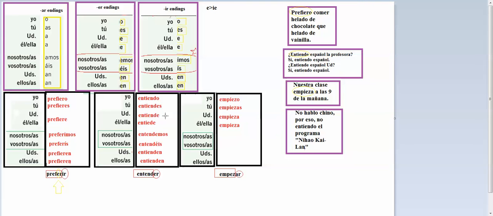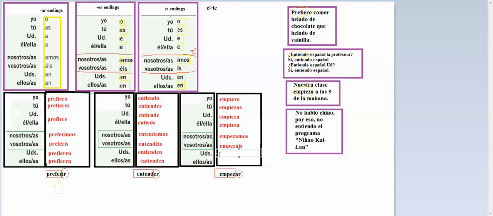Since they're within that green box, we are not going to make the stem change here. So empez is going to stay that way, and I'm going to add an AMOS. So it would be like, nosotros empezamos a estudiar cuando regresamos a casa. Yo empiezo a estudiar a las 10 de la noche. So for vosotros, I'm not going to make the change either. Empez is my stem, I leave it alone, and I'm going to add the AIS.